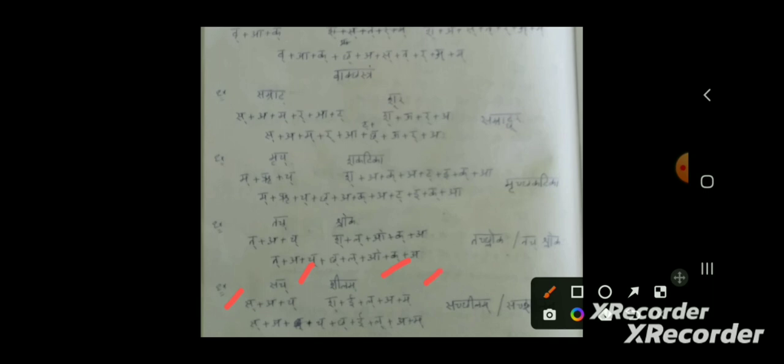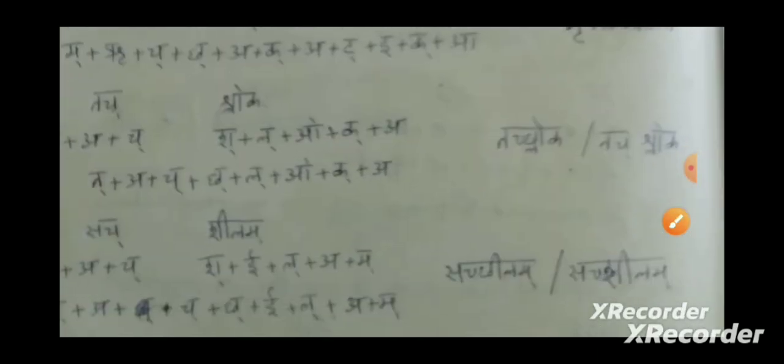Now, what does our definition say? This Shakara should be the middle letter and the preceding letter should be the first letter of any varga. So this condition is also satisfied. And the following letter is a letter, which is a vowel here. So finally, see here, this Sach plus Sheelam became Sach Sheelam.